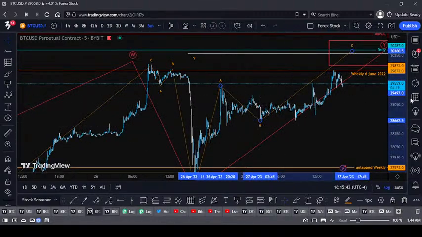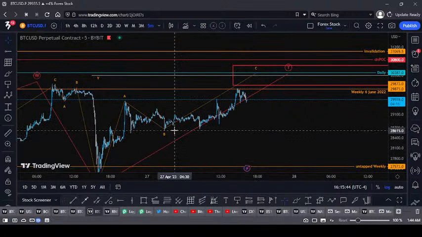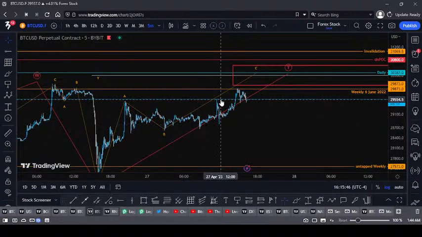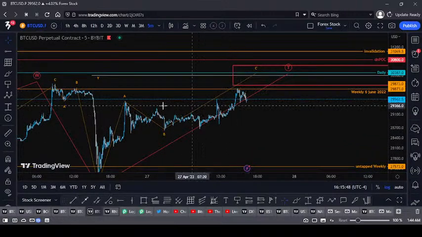Yeah, ABC, and then you can see the wave sequences of 1, 2, 3 impulsive, then 4 and 5.